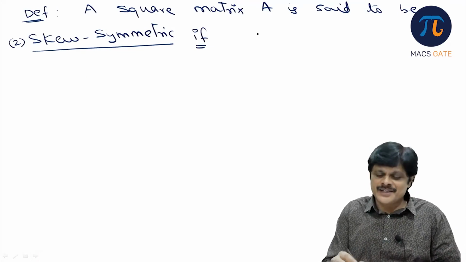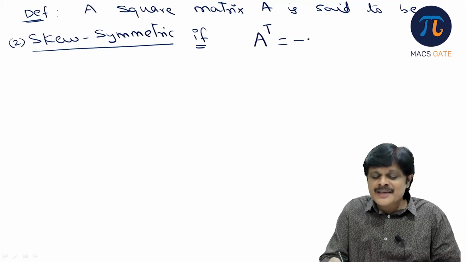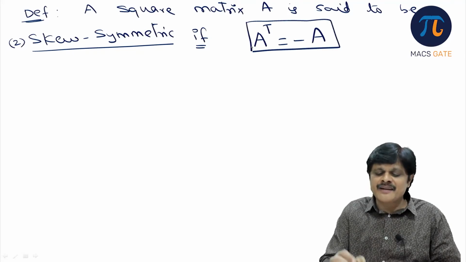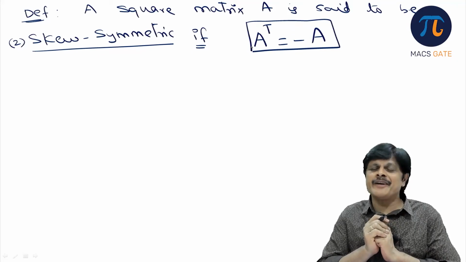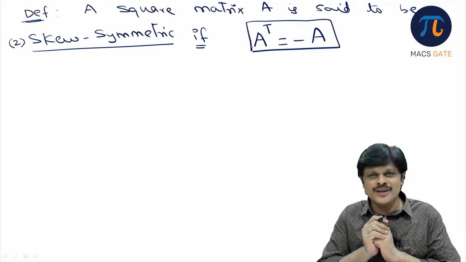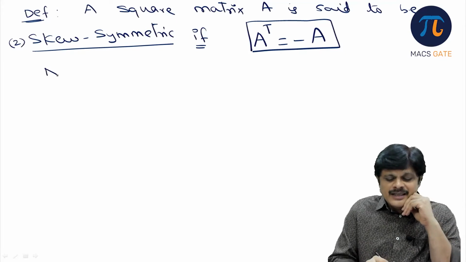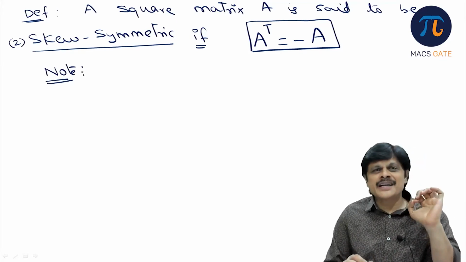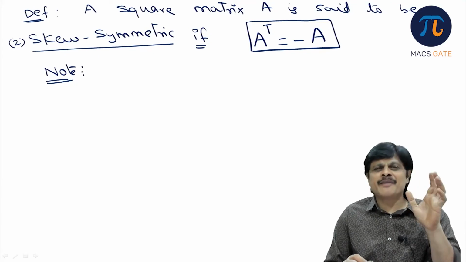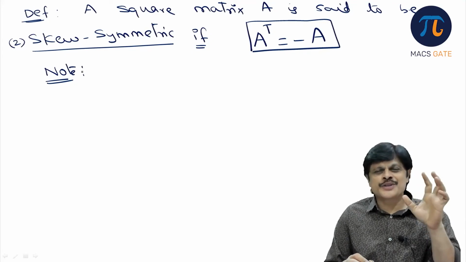What is the condition? Transpose of A is minus A. This is the definition of skew symmetric matrix. How to verify a given matrix is skew symmetric matrix or not? See this note which I am giving, if you can understand this, you can very quickly verify the given matrix is symmetric or not or skew symmetric or not.